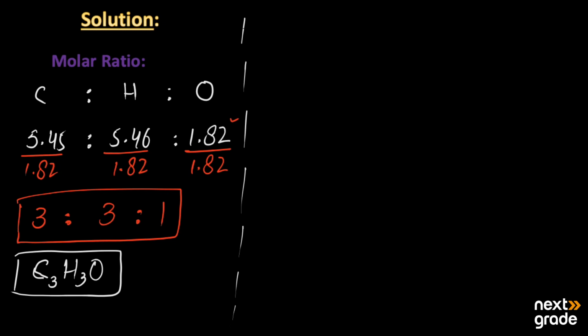To find the molecular formula, first we need the empirical formula mass and the molar mass of the compound, which is given in the statement, that is 110.15 gram per mole.